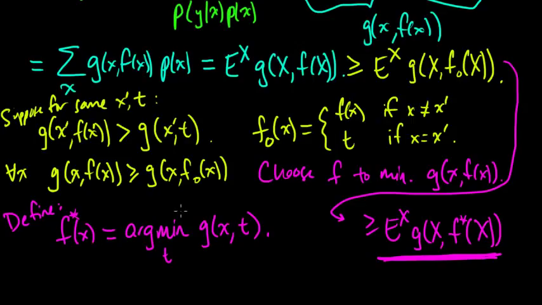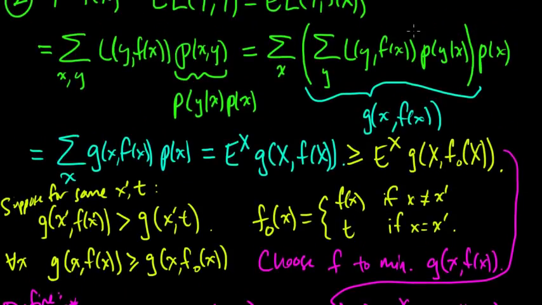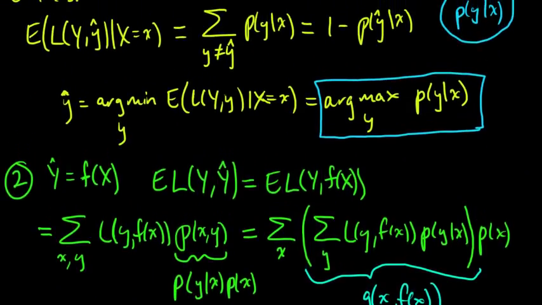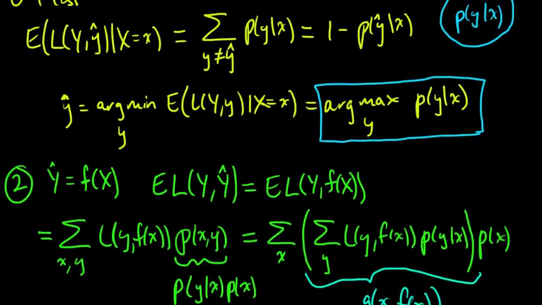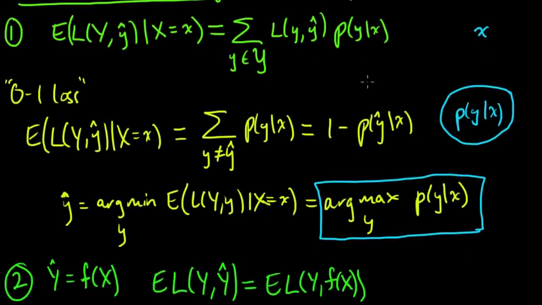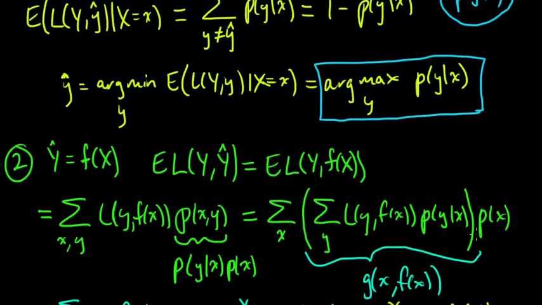Here we're taking the argmin of this g of x and t, and if we think back to case number 1, that's exactly the same thing we were minimizing. It was the sum over y's of the loss of y with y hat and p of y given x, and that's exactly our g that we were minimizing.